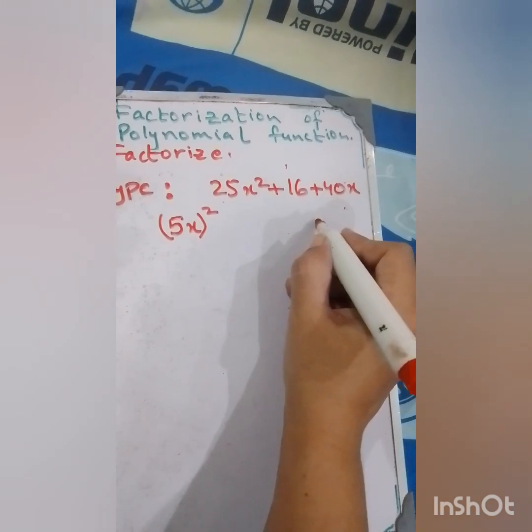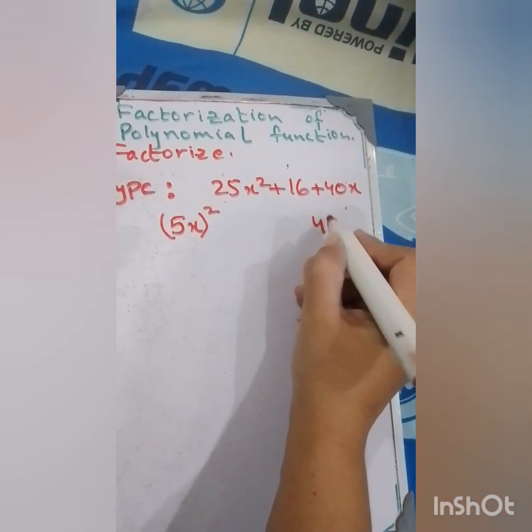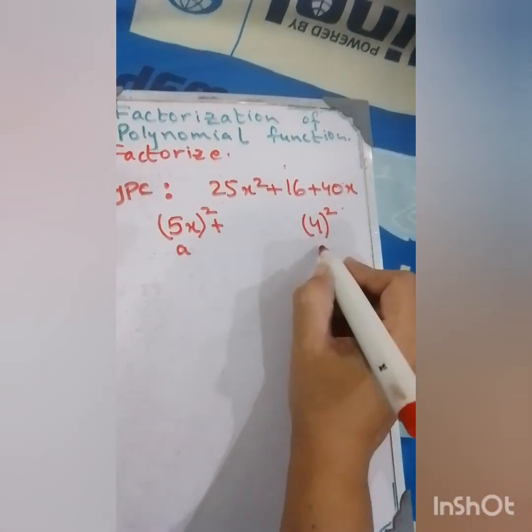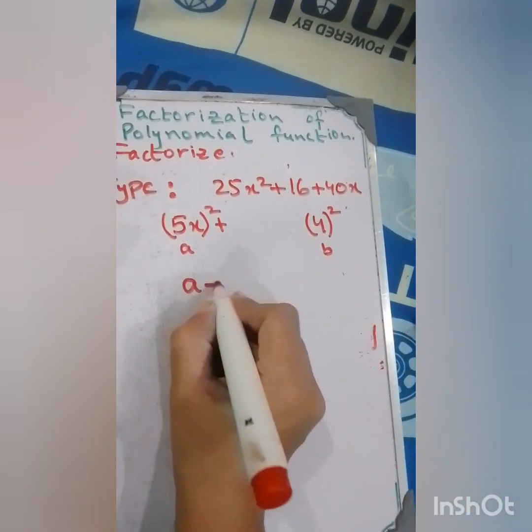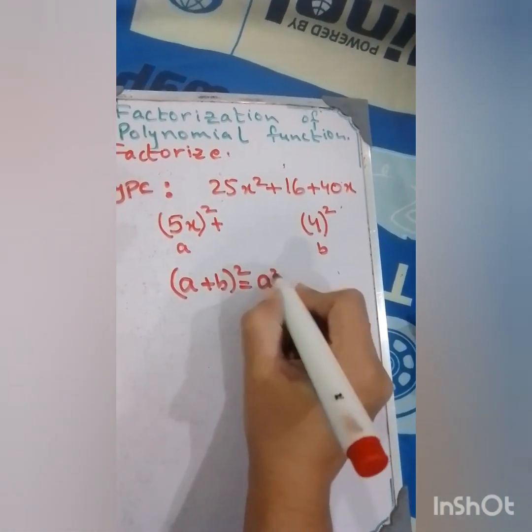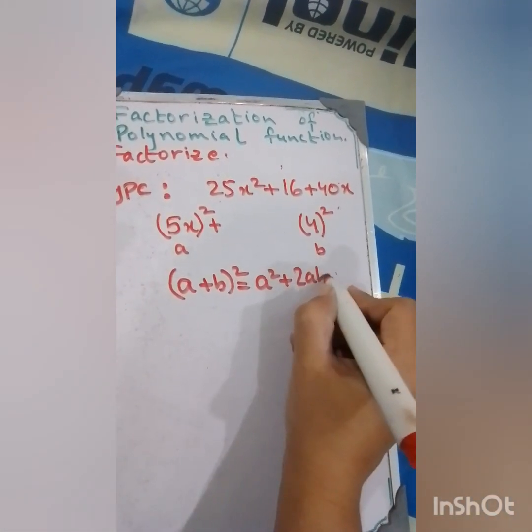Here 16 can be written as 4 square. So over here this is a, and this is my b. We know very well the formula a plus b the whole square, which expands as a square plus twice of ab plus b square.